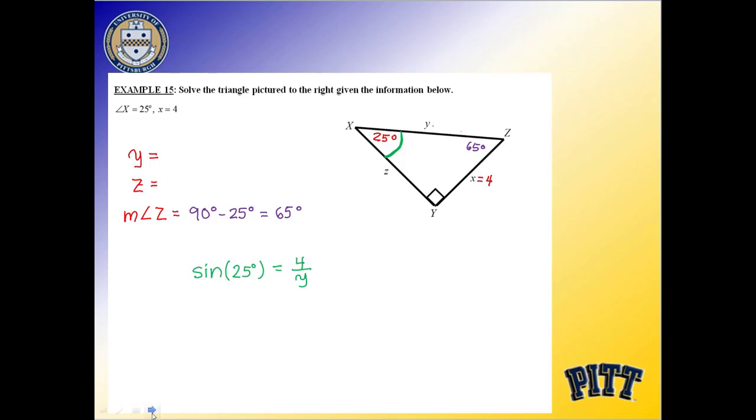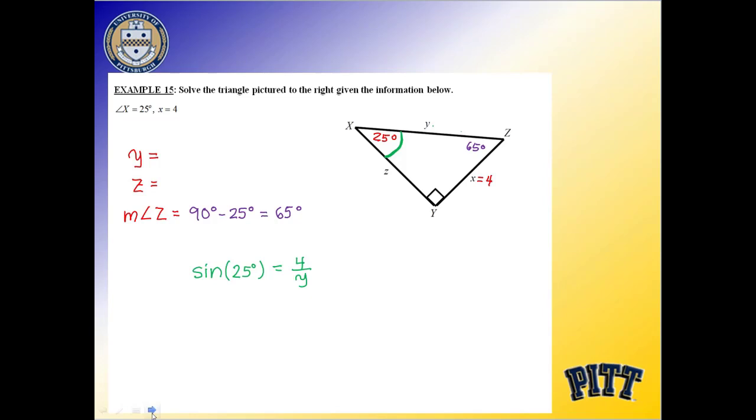I could probably rely on angle z, the 65-degree angle, if I wanted to. The chances of me making a major error on that are probably very slight, if any. But just to be on the super safe side, I'm going to use the 25-degree angle that I was told angle x was.